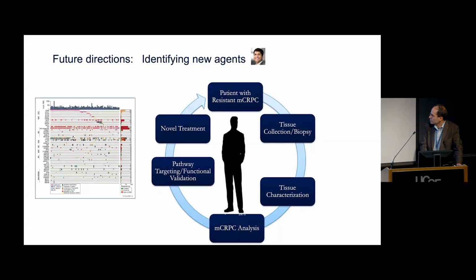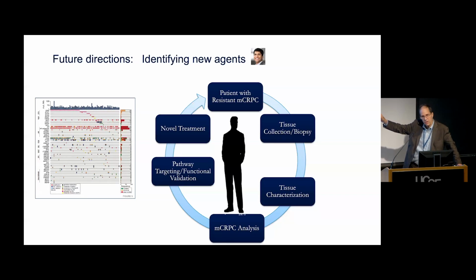That's the discovery process that we are involved in. We've been doing this for 10 years, and I think we do it better than anyone in the country. We take a patient with resistant mCRPC at the top, we do a biopsy of the metastasis, we characterize it, we undertake the analysis, and we do the genetic sequencing, which is on the left. You already got a picture of that earlier from Dr. Chow.